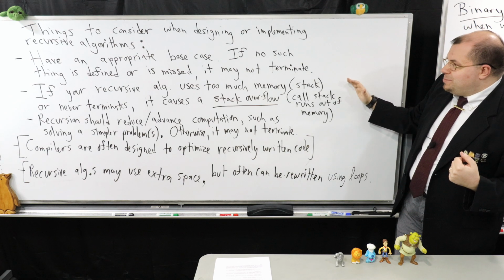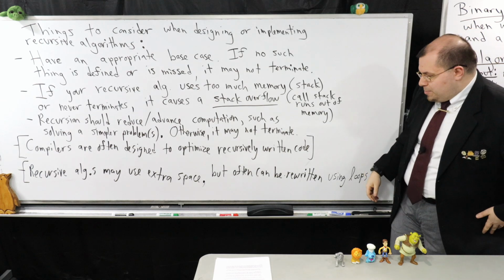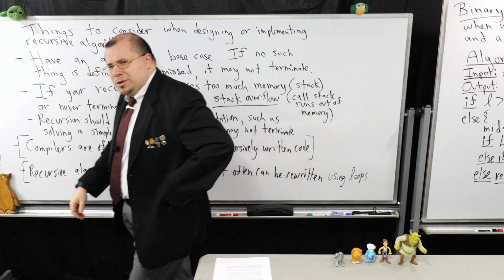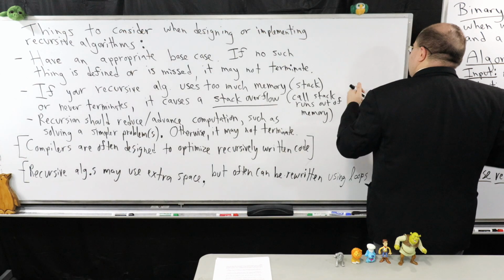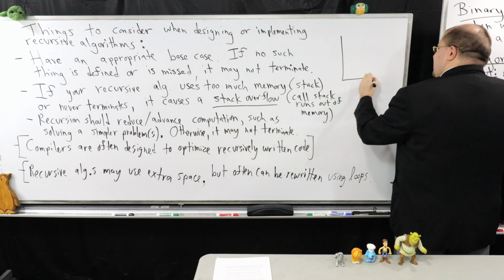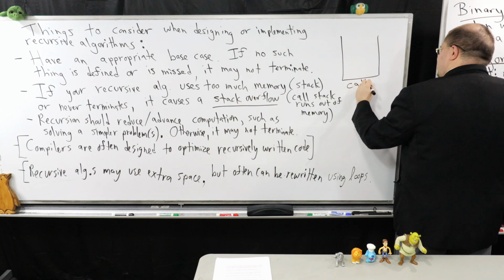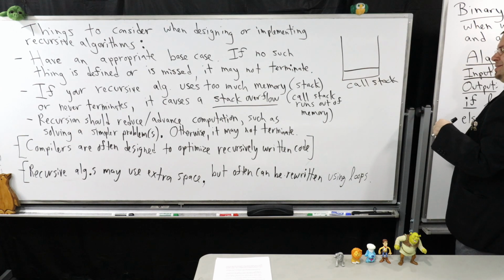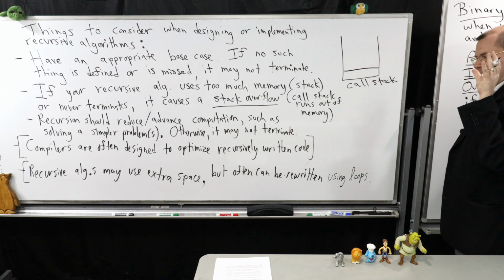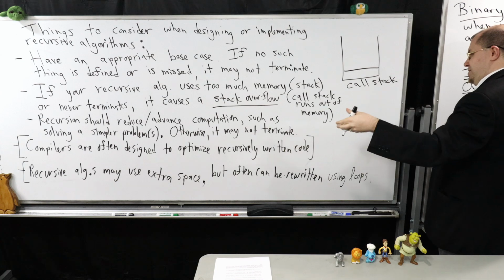Another thing to be wary of: remember when we talked about how the recursive algorithm actually gets executed on your computer, in the active memory, there's this call stack. Every time I make a function call, it places one of these things called an activation record onto the call stack.